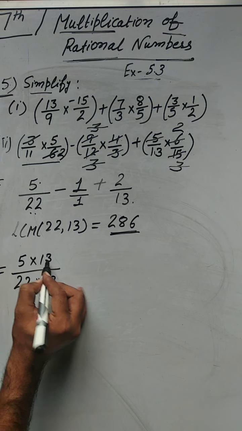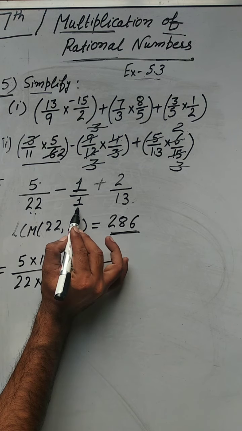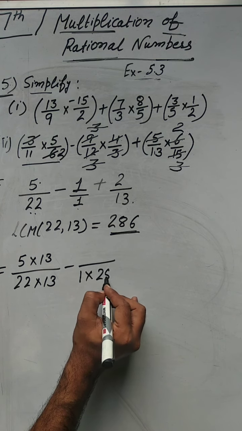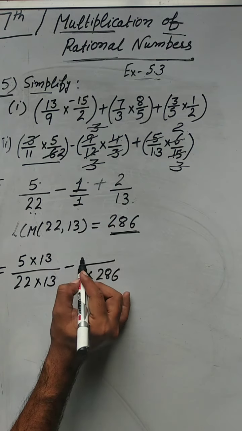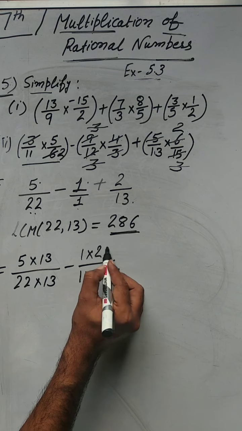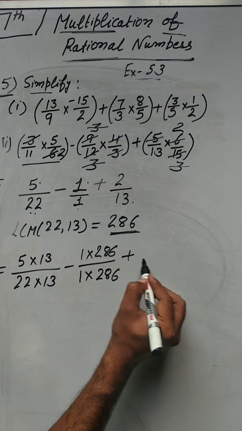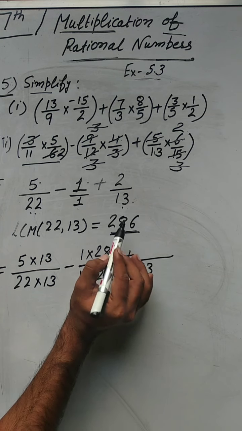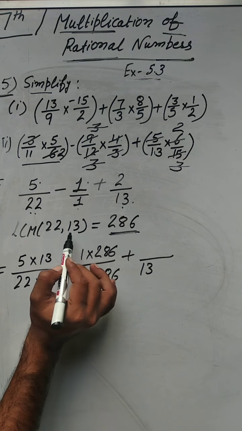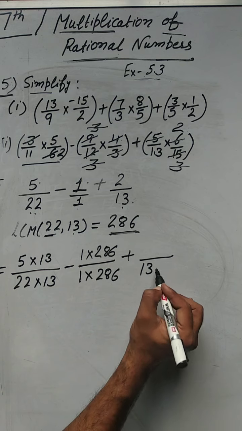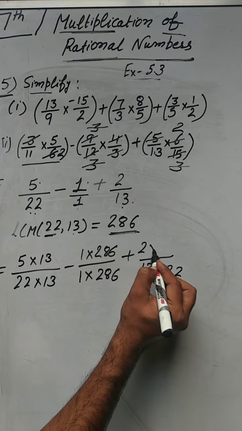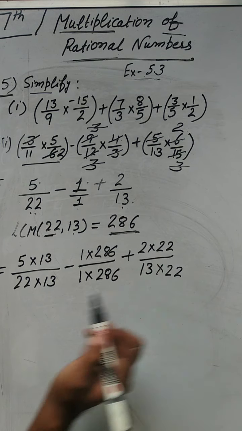5 into 13. And what is the denominator here beta? 1. How can I change 1 into 286? 1 multiply by 286. Similarly, that one also multiply by 286. And here is the denominator beta 13. How can I change it into 286? 13 multiply with 22. With the same number, numerator 2 also multiply with 22.